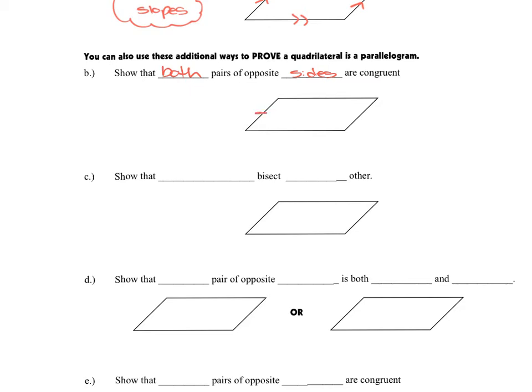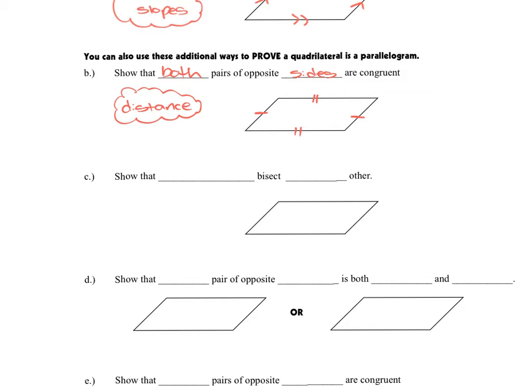So both pairs of opposite sides are congruent, and of course we would mark those as congruent, and we would mark these as congruent. Visually, that's the type of notation we're looking for. If we're thinking in terms of a coordinate geometry proof, we're thinking of our distance formula. So if both pairs of opposite sides had the same distance, then we would have a parallelogram.